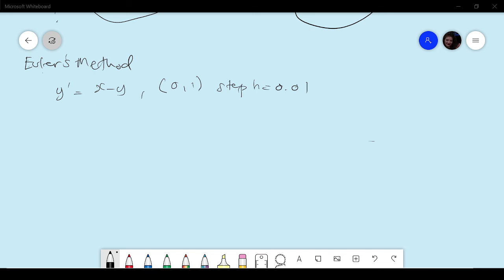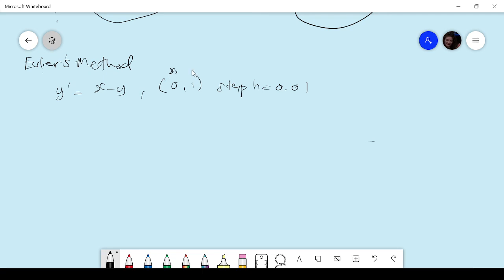Okay, so this is your x naught, no? This is your x naught. This is your y naught. So we are going to solve for ang sa x1, this is equal to x naught plus h or 0.1. No, h is 0.1. And then your x2 is equal to x1 plus 0.1.